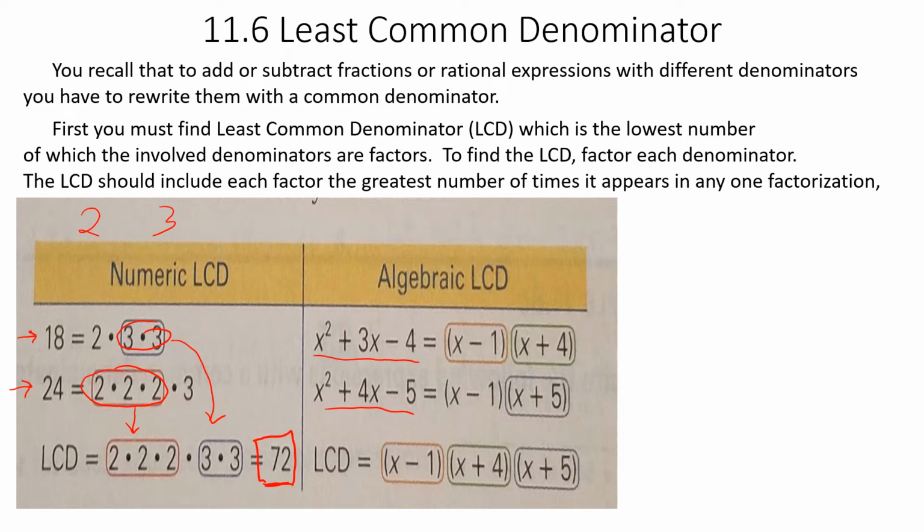So here we have x minus 1 and x minus 1, and it's only listed one time, so they put that there. Then they have an x minus 4 and an x plus 5. Notice how we ended up using all three. These were only used once. It's just the greatest number. And so that is then your LCD.